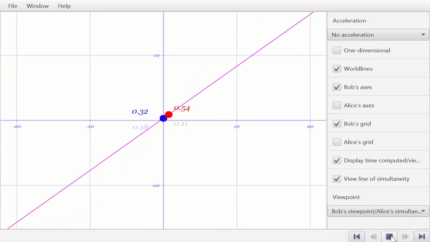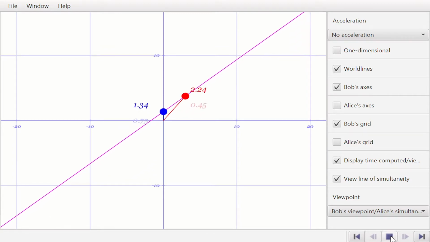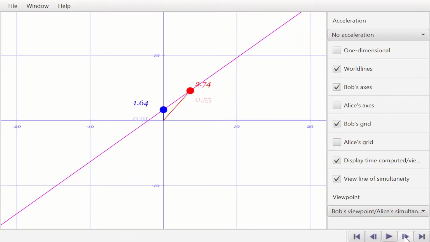So let's move this animation forward a bit, and let's get it to the 3. Okay, when she gets to 3, we have a point where she's changing her velocity instantaneously, which is not possible. So in theory, she would have two lines of simultaneity in that particular instant. But in my software, it always decides to go for the next segment of the travel, so it's going to point off to the future.